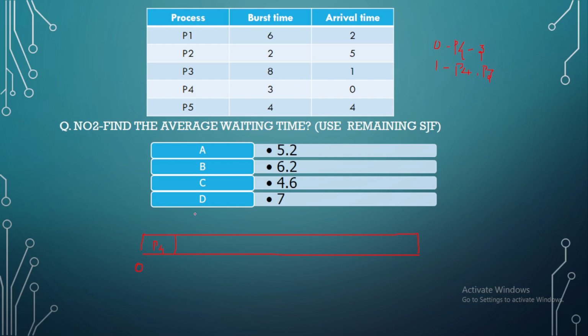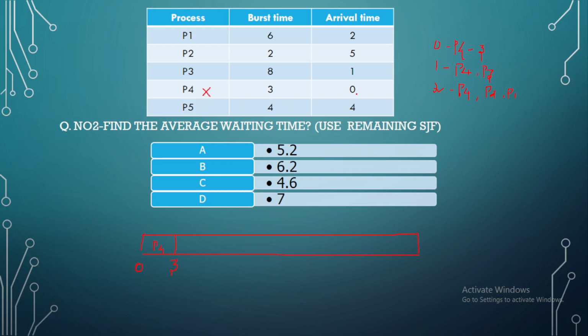P4 will run for another second, and then at the time of 2 we have P4, P3 and P1. Among these the smallest execution time is P4, so it will run for 3 nanoseconds and complete its execution.